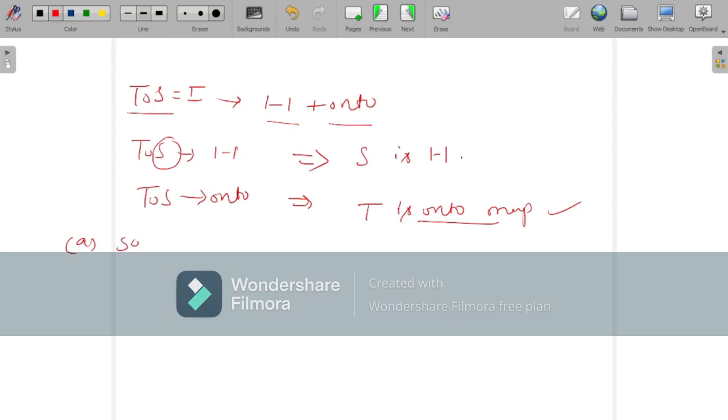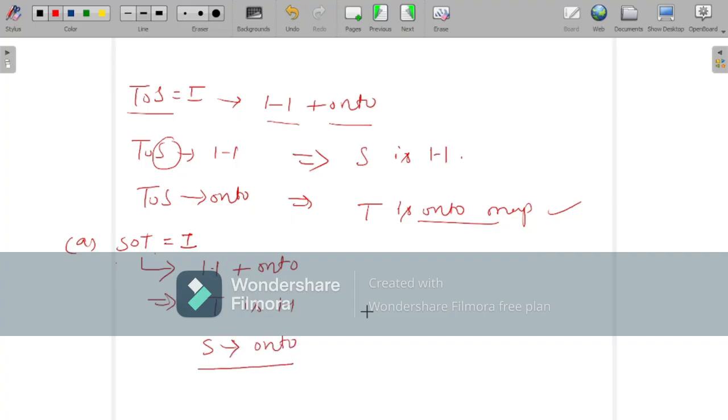First option: if S composition T is the identity map, this will imply that S composition T is 1-1 plus onto. S composition T is 1-1 will imply that T is 1-1. S composition T is onto will imply that S is onto.